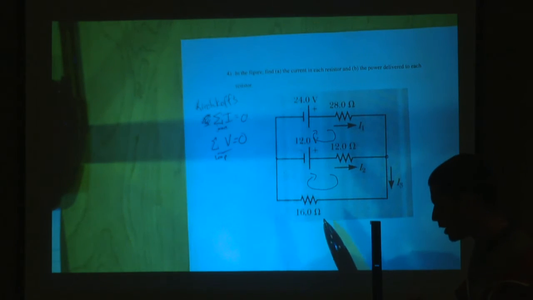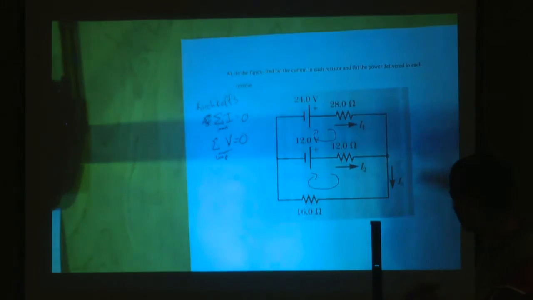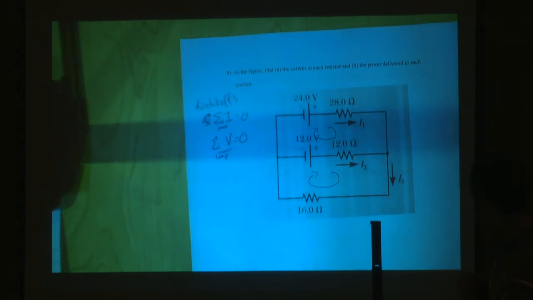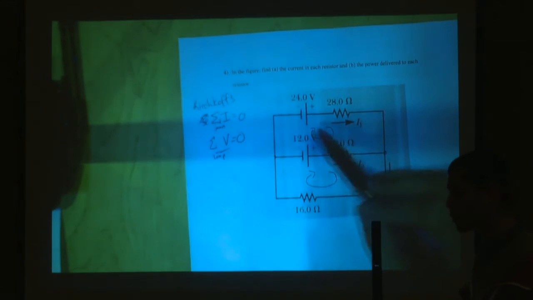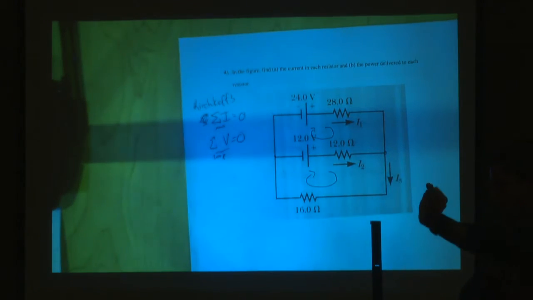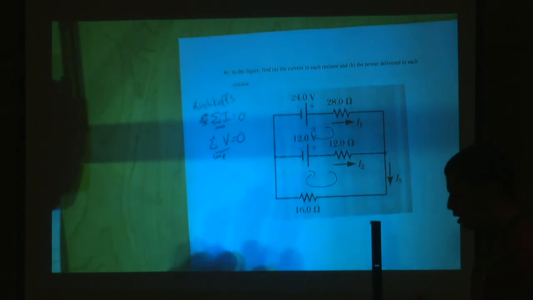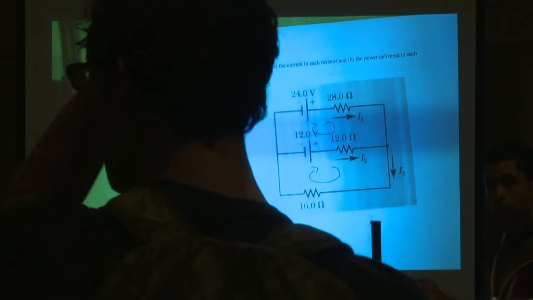Our third one would be around all of it, but we don't need it because here we can account for our I1, I2, and I3 with just these 2 loops. Thus, we can start our system of equations, right?